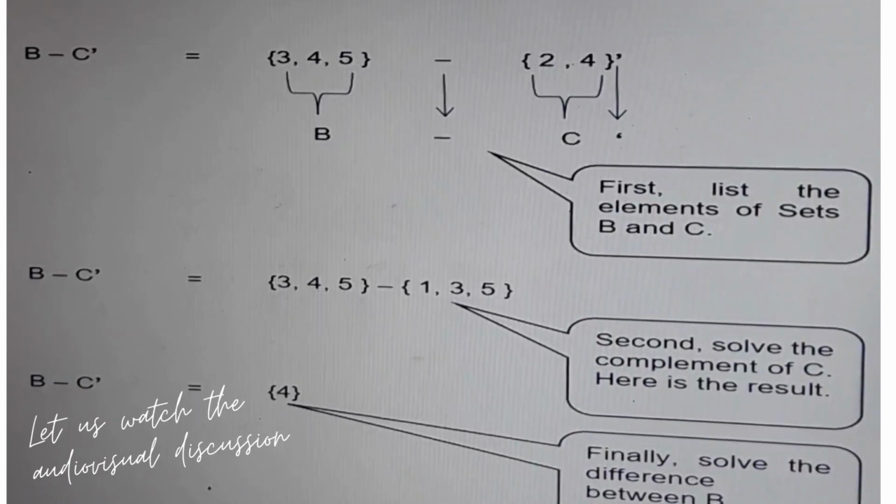These are the numbers found in set B not included in the C complement. It is considered the difference, and that is the element 4.